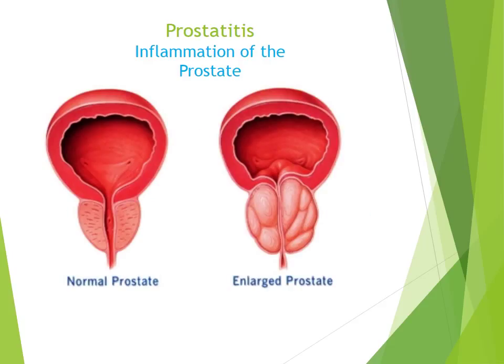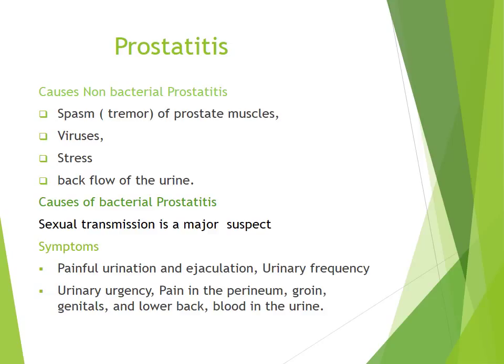We will talk about prostatitis now. It is an inflammation of the prostate. In this picture, you can see the enlarged prostate. The causes of prostatitis are non-bacterial and bacterial. Non-bacterial causes are spasm, that is tremor of prostate muscles, viruses, stress, and backflow of the urine.